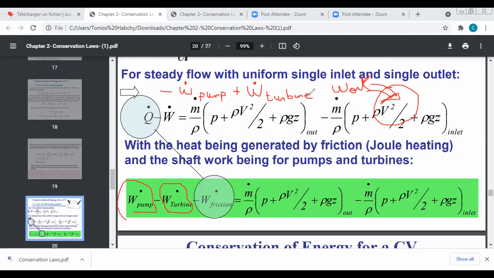And in case I have, let's say, viscous forces, then I will lose energy. Whenever I have friction, I will lose energy, or I can consider that the work of these forces will take energy from the system.